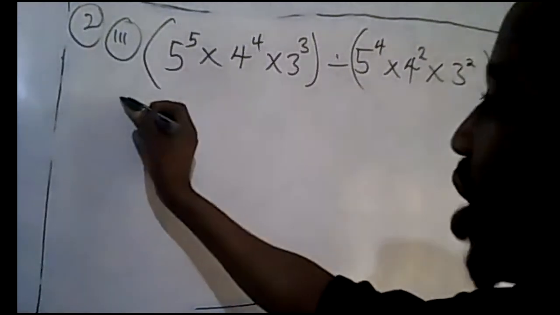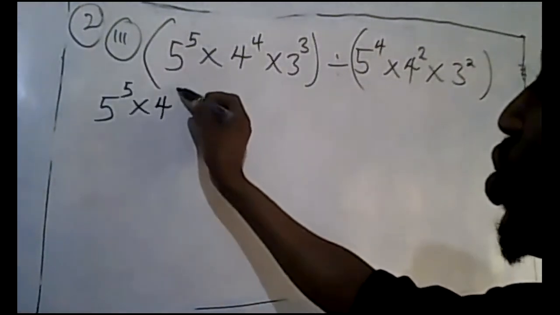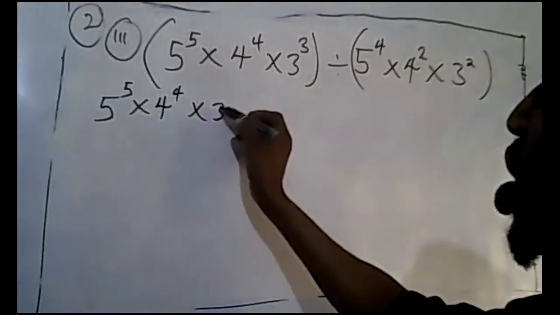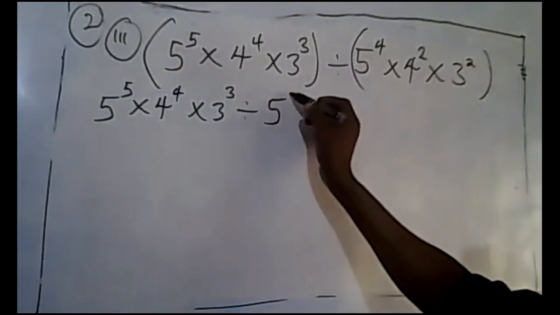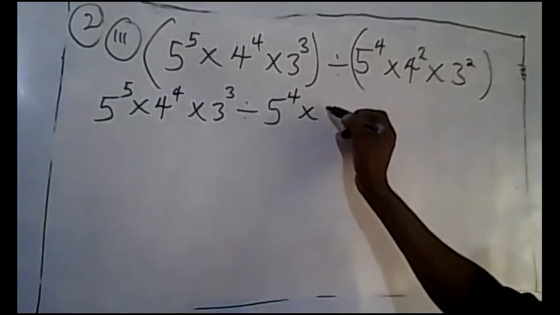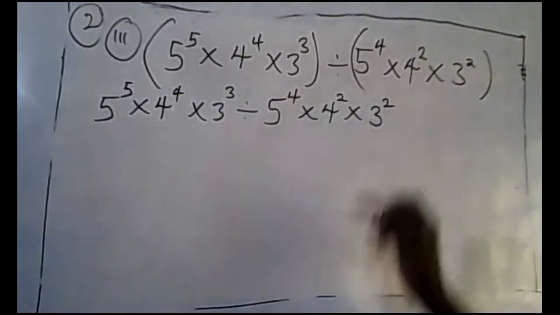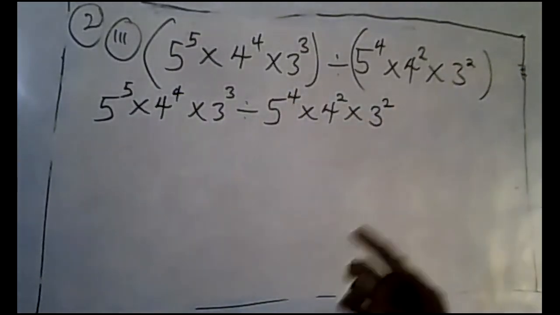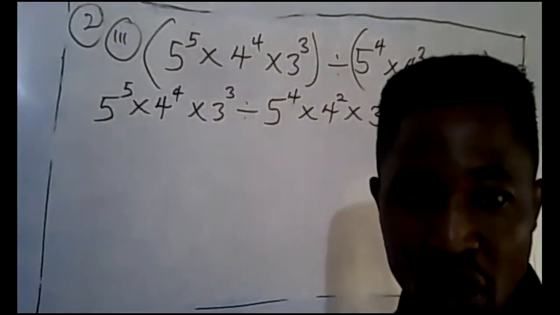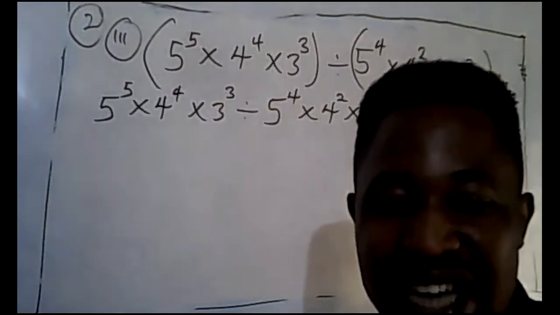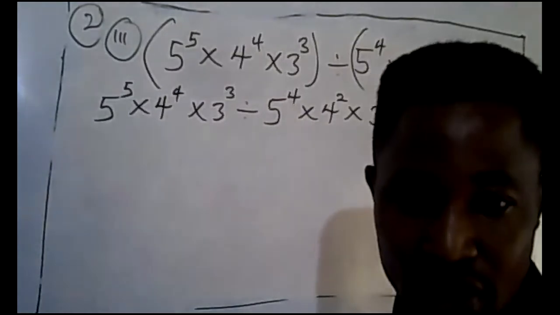So first of all, write out what you have in the bracket. 5 raised to power 5 times 4 raised to power 4 times 3 raised to power 3 divided by 5 raised to power 4 times 4 raised to power 2 times 3 raised to power 2. Now, locate the same base or locate the same like terms.